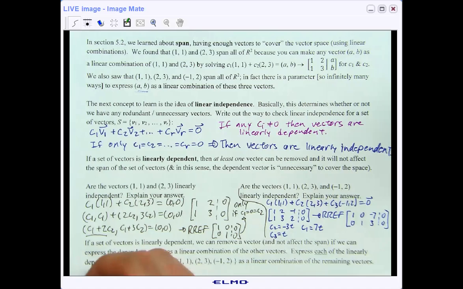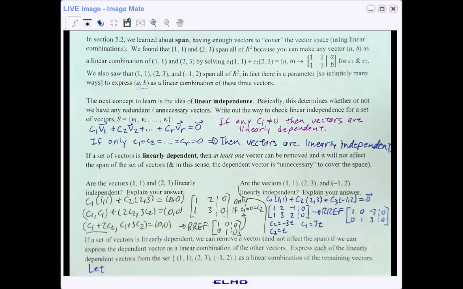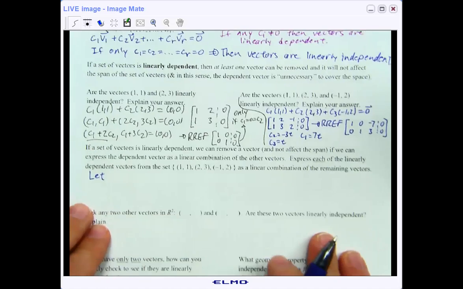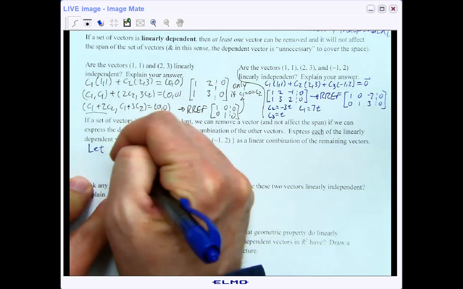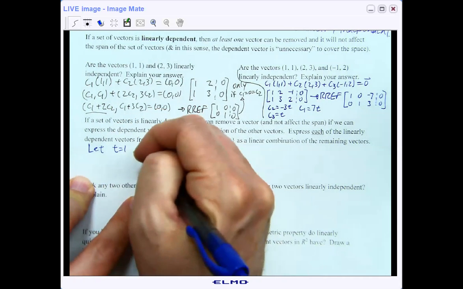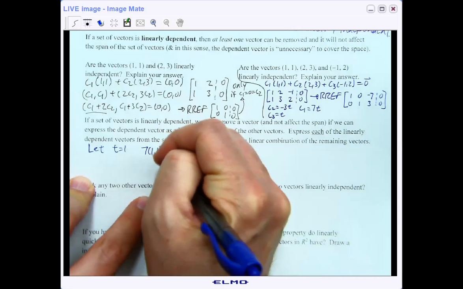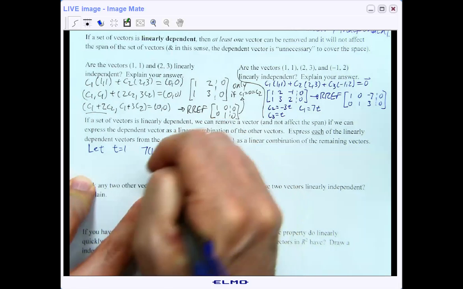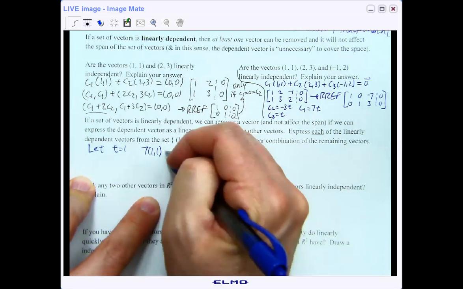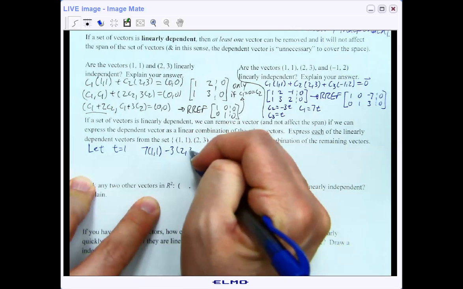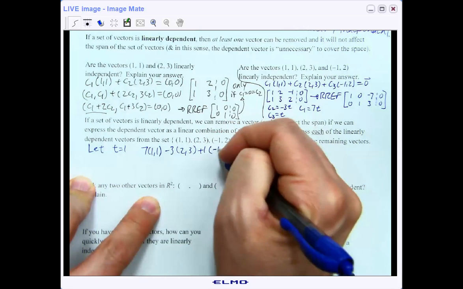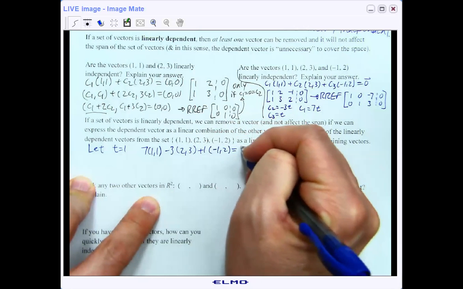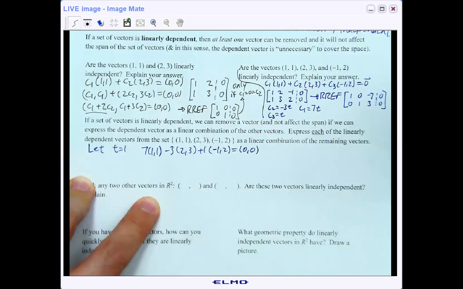If I let t equal 1, then 7 times the (1, 1) vector minus 3 times the (2, 3) vector plus 1 times the (-1, 2) vector does make the zero vector (0, 0).